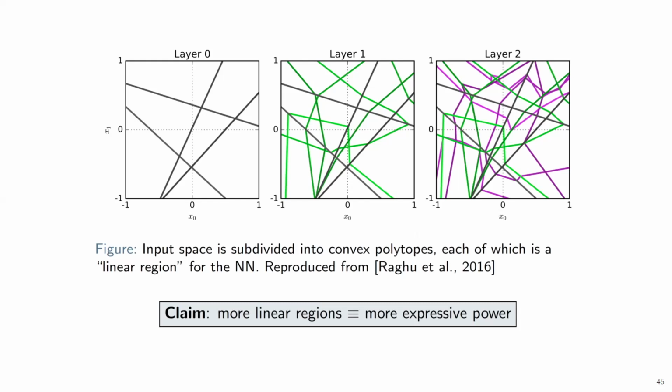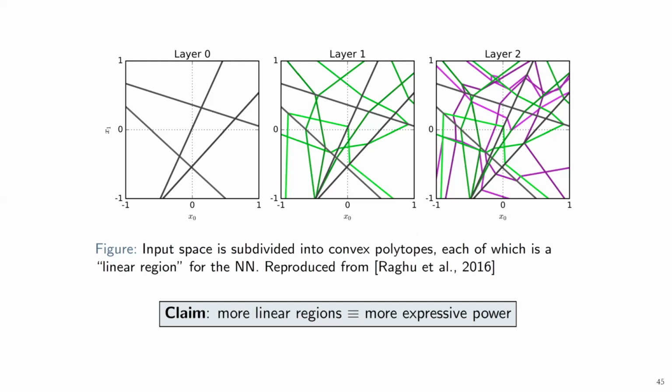Of course, this argument is not foolproof because we may have more linear regions that are very small and noisy. But some researchers use that, as I said before, as an expressive power of the neural net.